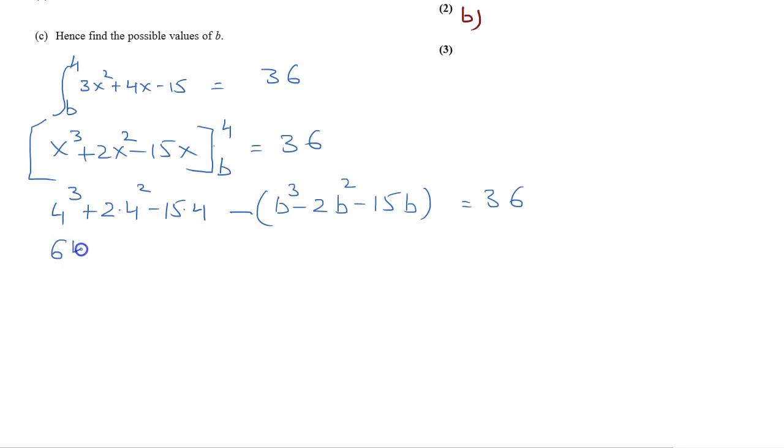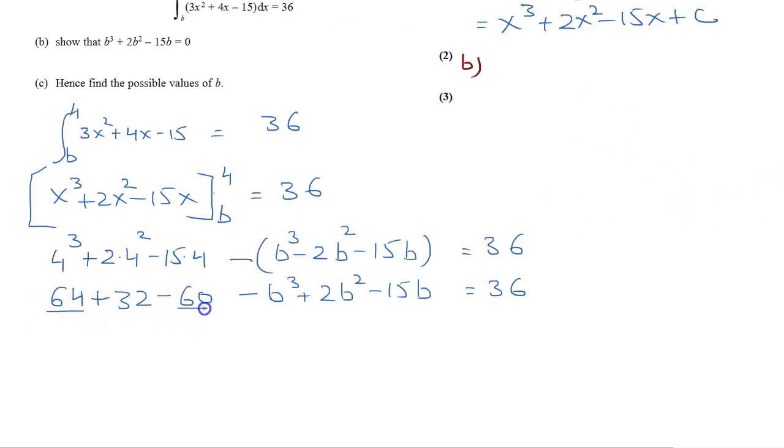So this is 64 plus 32 minus 60, minus b cubed plus 2b squared minus 15b is equal to 36. This is 64 minus 60 is 4. 4 plus 32 is 36, minus b cubed plus 2b squared minus 15b is equal to 36. 36 and 36 cancel.